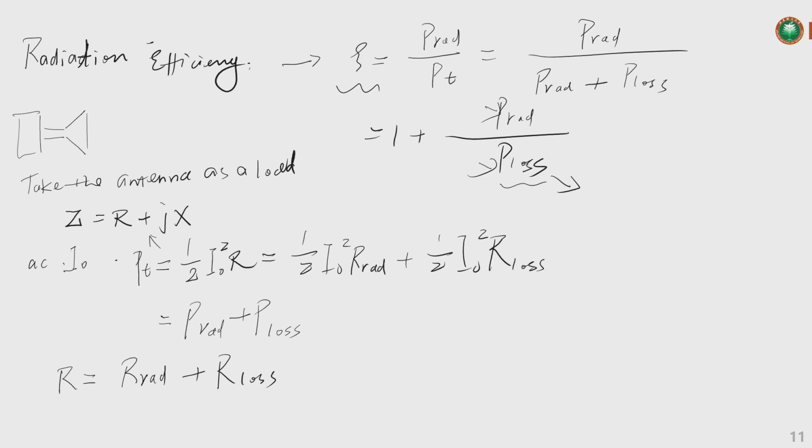It is really smaller than 1, so the perfect condition is important.